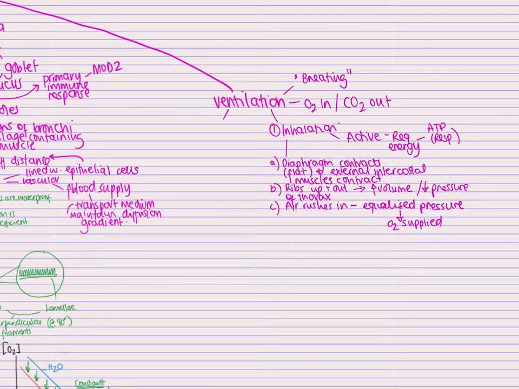For exhalation or breathing out, the opposite sort of happens. So exhalation. This is passive, much more related to just recoil or relaxing of muscles. So step A, the diaphragm, and again, diaphragm relaxes, and the internal, and I'm going to write IC for intercostal because I don't have a lot of space here, internal intercostal muscles contract, and in doing this, the ribs move down and in.